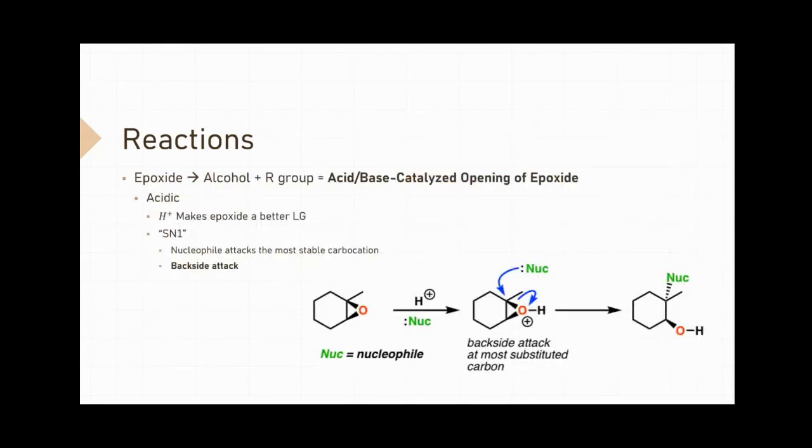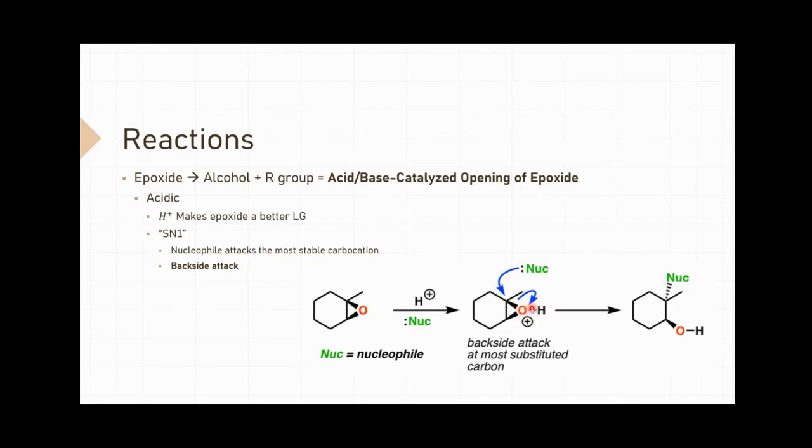Okay. So let's say you have an epoxide and you want to add an R group. So you do that by opening up the epoxide. When you open up the epoxide, you're going to end up with an alcohol and the nucleophile that you're attaching. So in acidic conditions, this oxygen will grab an H. And by doing so, this makes it a good leaving group.